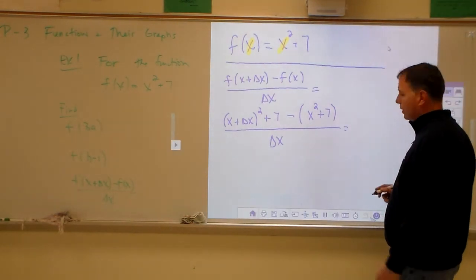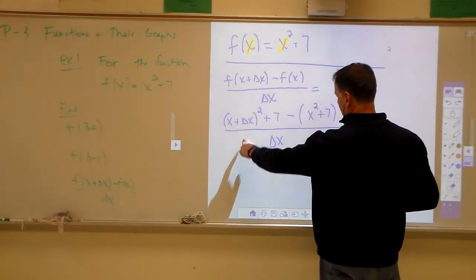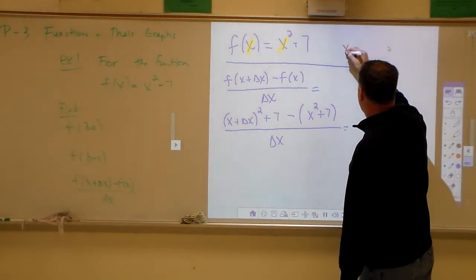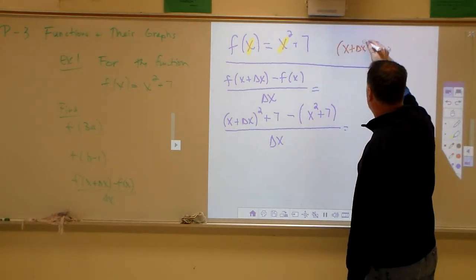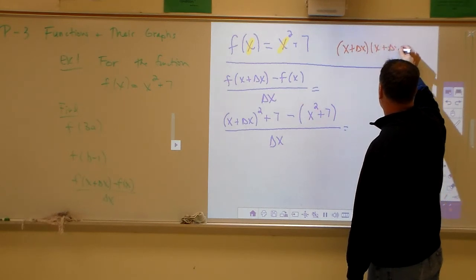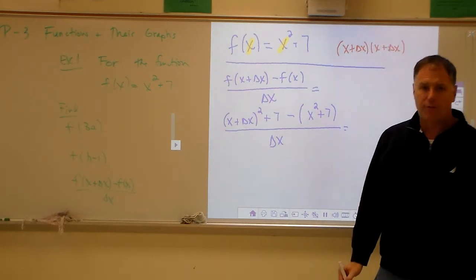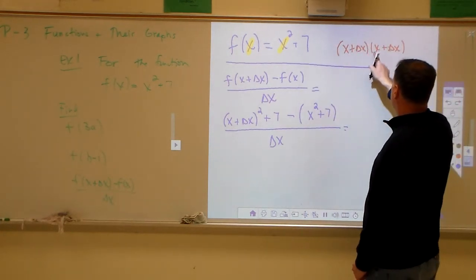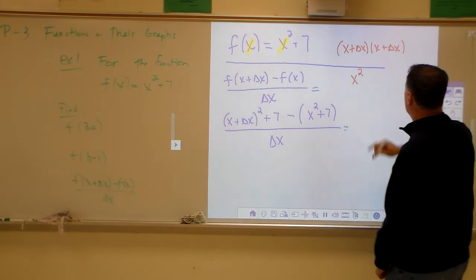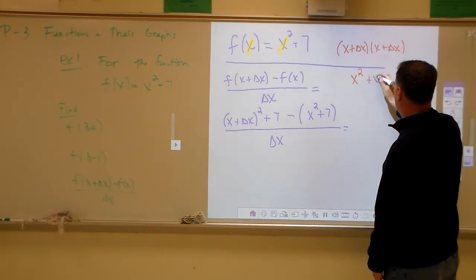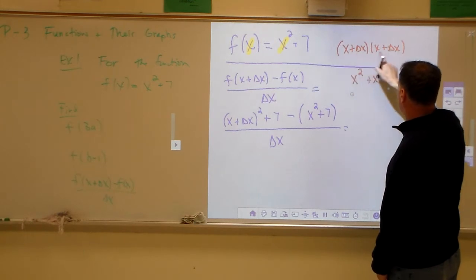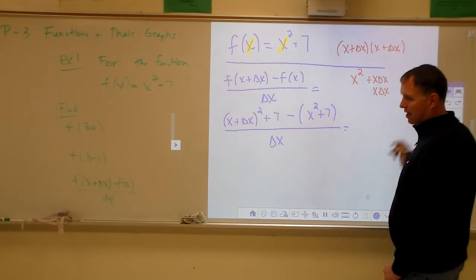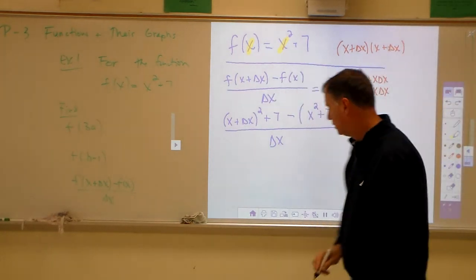So let's do some math now. We're going to square this. I'll do it up here in a different color. x plus delta x times x plus delta x. We do a little FOIL for you today. x times x is x squared. x times delta x is x delta x. x times delta x is x delta x. And delta x times delta x is delta x squared.